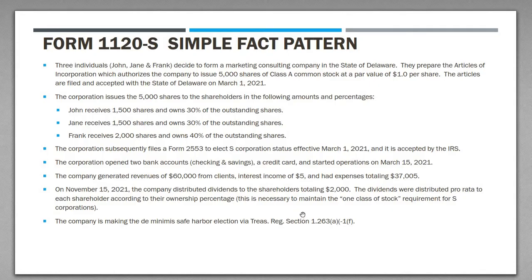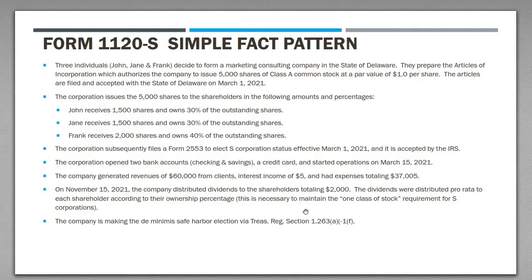And just as a quick note here, for those of you that are not familiar with the S Corp structure, S corporations have to distribute everything, income, expenses, distributions, everything's got to be pro rata to the shareholders in accordance with how much stock they own, because S corporations are only allowed to have one class of stock.